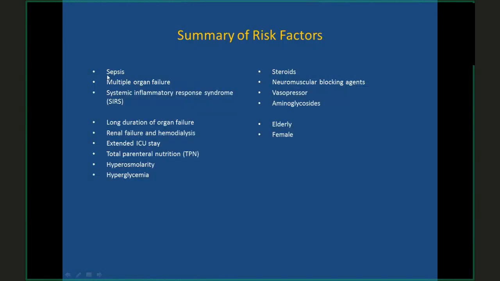They include sepsis, multi-organ failure, systemic inflammatory response syndrome, long-duration organ failure, renal failure with dialysis, extended ICU stay, nutrition, total parenteral nutrition, osmolality changes, and hyperglycemia. The medications include steroids, neuromuscular blocking agents, vasopressors, or even antibiotics.